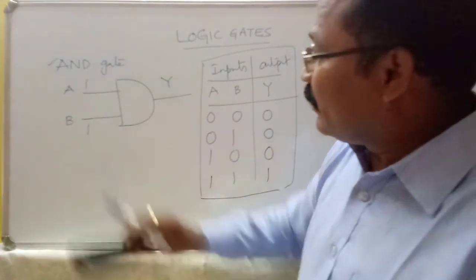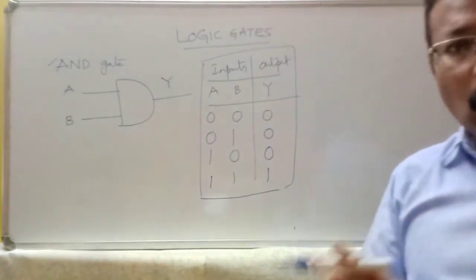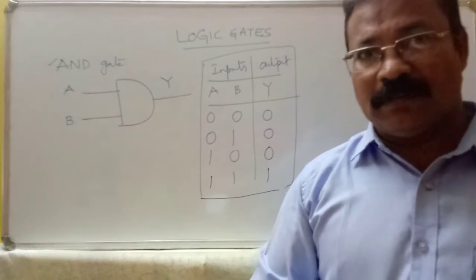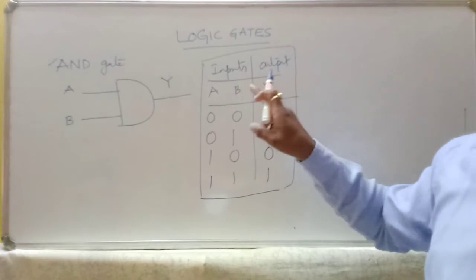The AND gate is symbolically represented like this. It consists of two or more inputs and having only one output. The truth table of this AND gate is like this.